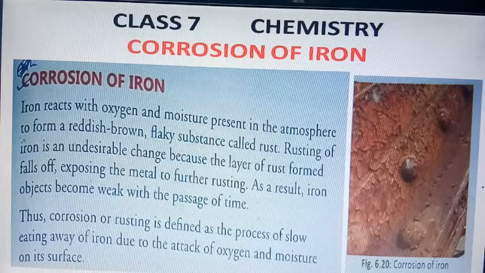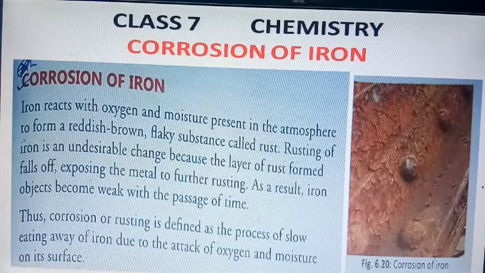This flaky powdery substance falls down, and again the inner surface of iron comes in contact with air and water, and again it will rust. Then again it falls in the form of powder, and the process repeats. In this way the whole of the iron gets corroded, the whole of the iron gets eroded.